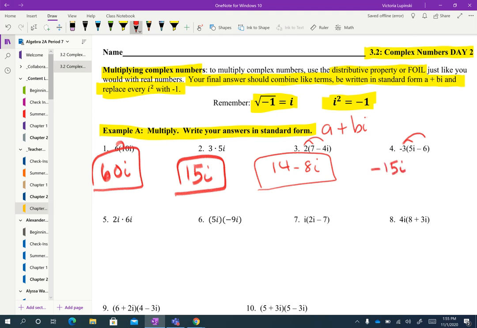A -3 times a -6, that's a +18. That is a good answer, but a better answer would be to put the real part first and to put the imaginary part second. Notice that when I change the order, I leave the 18 positive and I leave the imaginary term negative. You're simply inverting them. You're not actually changing their signs.